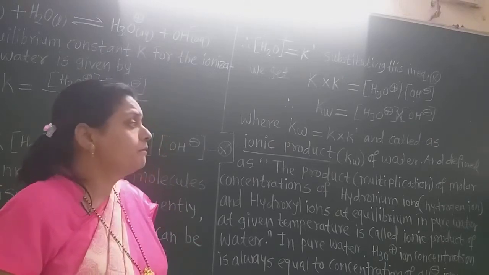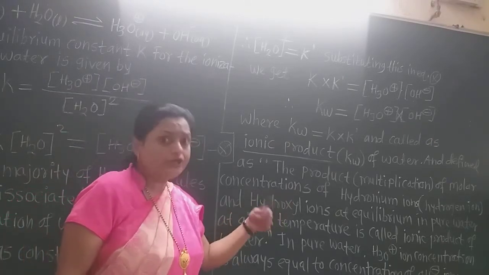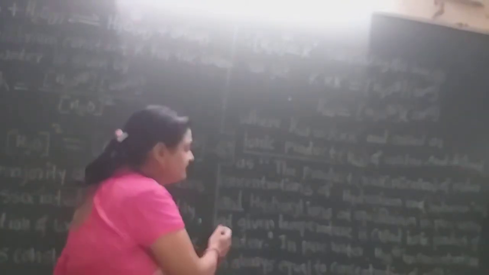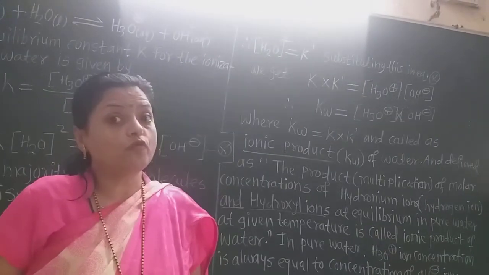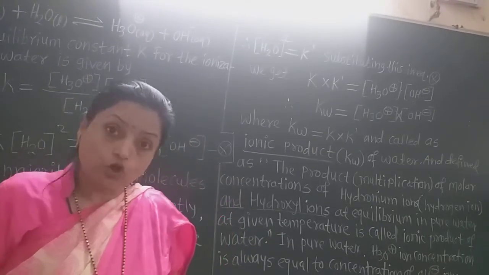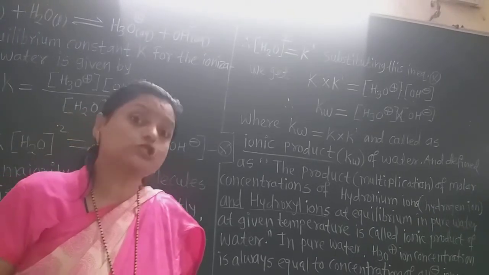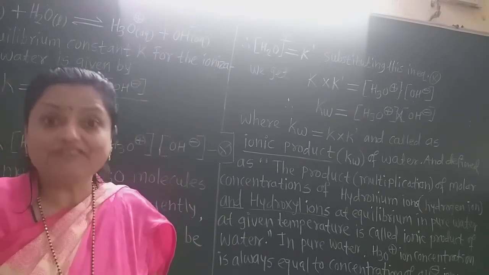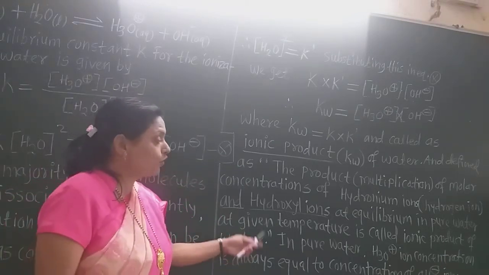So the product of molar concentrations of hydronium ion or hydrogen ion and hydroxyl ions, the product of the hydronium ions and the hydroxyl ions at equilibrium in pure water at the given temperature, is called the ionic product of water, Kw. So Kw is defined as the product of the molar concentrations of hydronium ions and hydroxyl ions at the given temperature at the given equilibrium state.